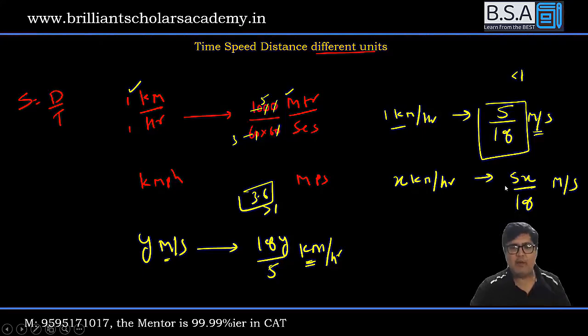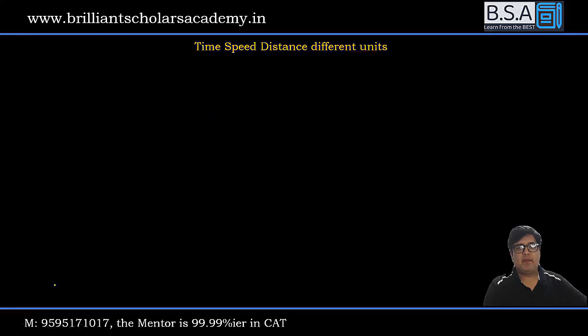Now I'll give you a small chart that I want you to remember. I'll clean some of this up. See, what I'm basically trying to tell you here is when kilometer per hour is a multiple of 18, meter per second is a multiple of 5.